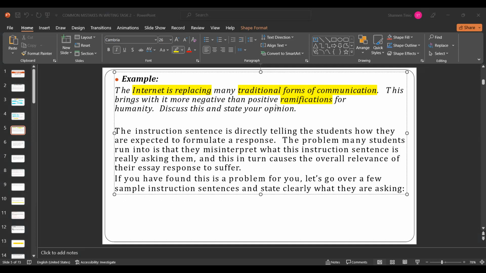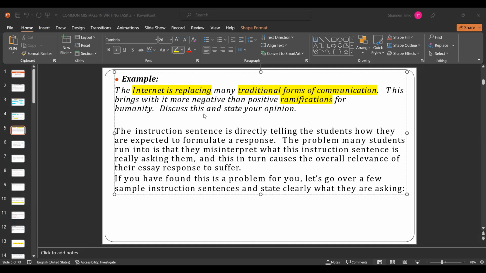So, ramification can be positive and negative. So, ibig sabihin yan, advantages and disadvantages, consequences for humanity. This brings with it more negative. May mga negative consequences daw ang internet dahil ni-replace niya ang traditional forms of communication.